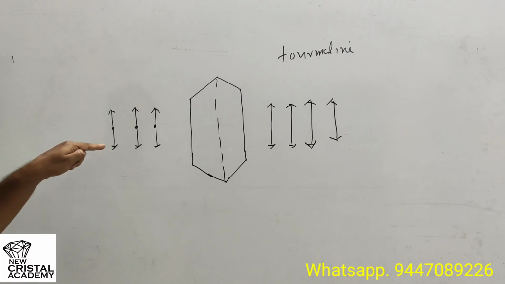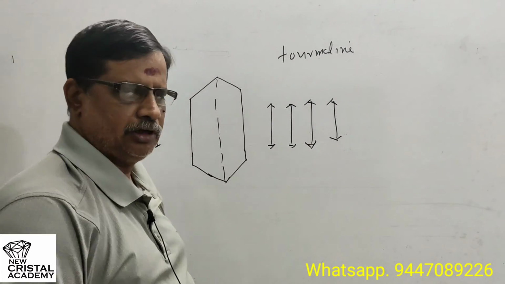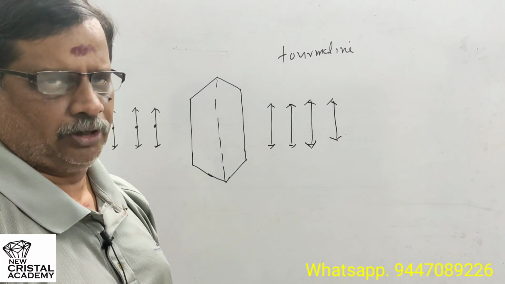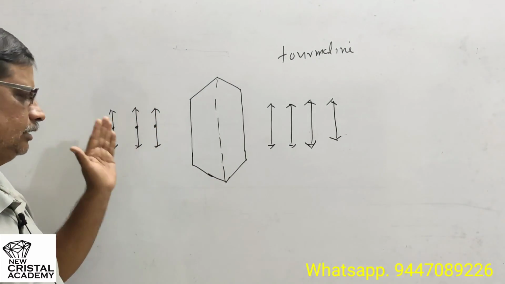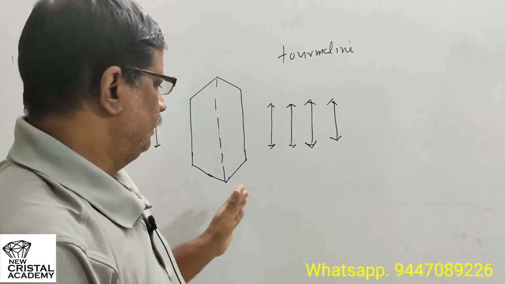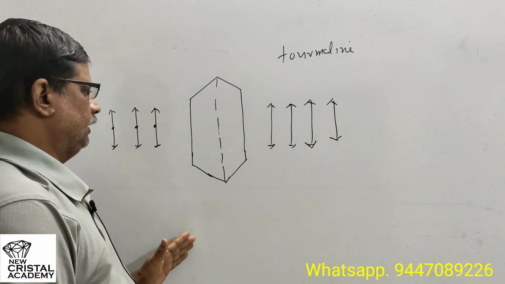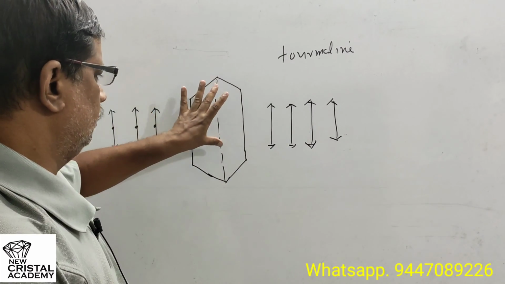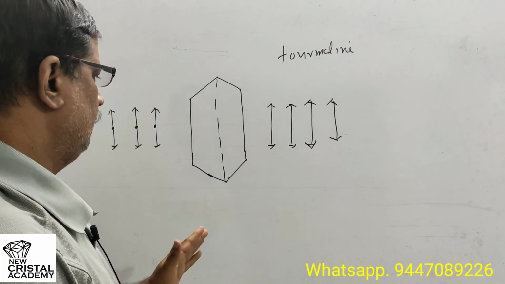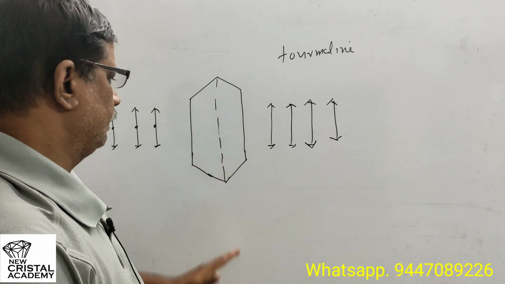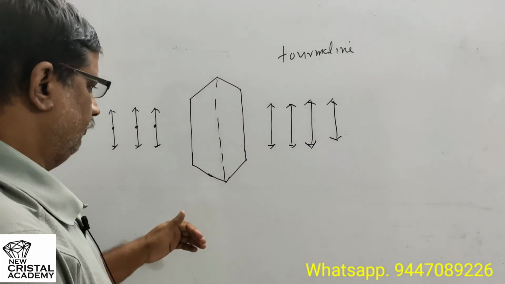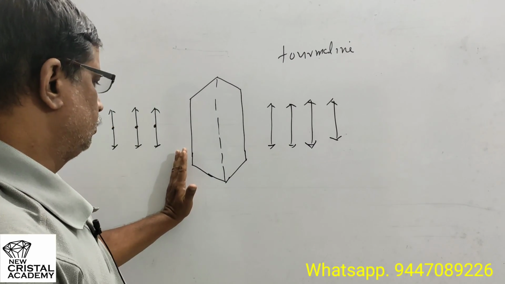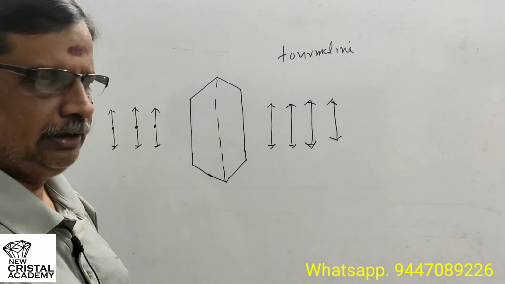In the incoming light, vibrations were there in all possible directions, and all these vibrations had two components, one parallel to the plane of the board and the other perpendicular to it. When we place the tourmaline crystal in front of such light, with the axis of the crystal lying parallel to the plane of the board in our experiment, those vibrations which are parallel to the plane of the board are parallel to the optic axis of the crystal, and they will pass through.